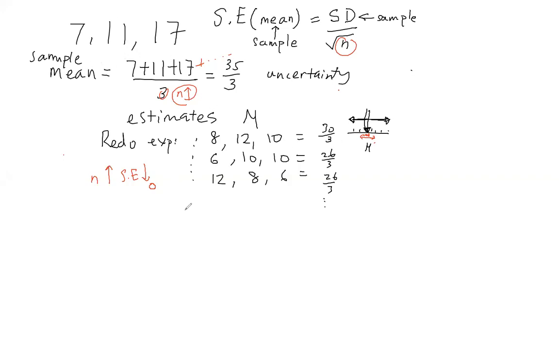First you calculate the standard deviation. The sample standard deviation is equal to: you take each value, 7, subtract the mean, then you square it, and then you do the same for the rest.